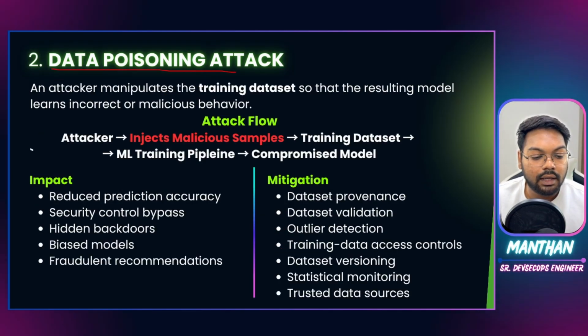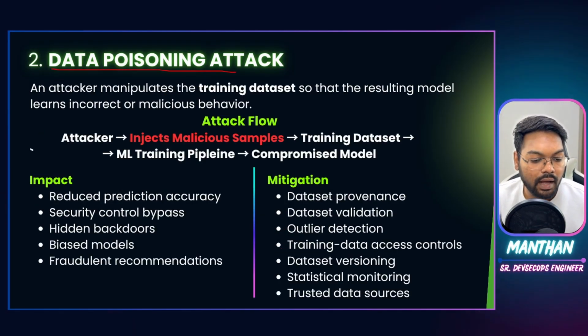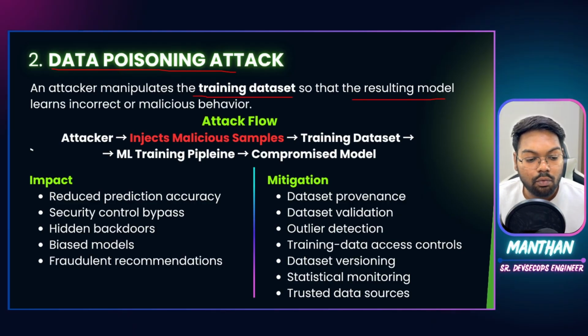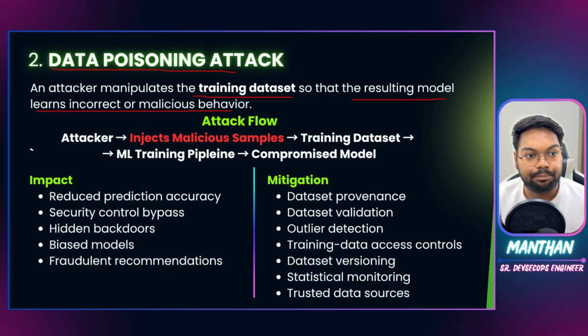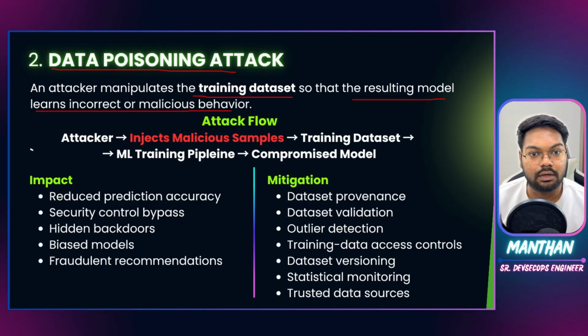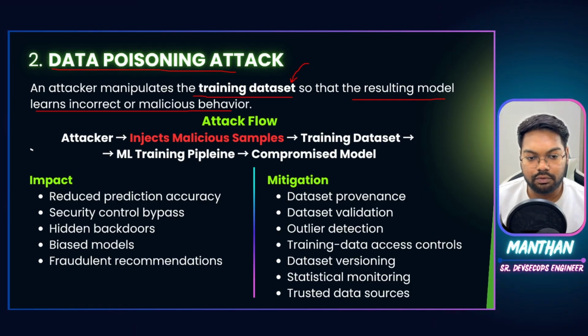Next is the data poisoning attack, wherein an attacker manipulates the training data set, as we earlier discussed, so that the resulting model learns incorrect or malicious behavior. So if you ask some model to install a Python package on your machine, or it is generating certain code, someone could modify the data set to also download a malicious executable file or malicious package.